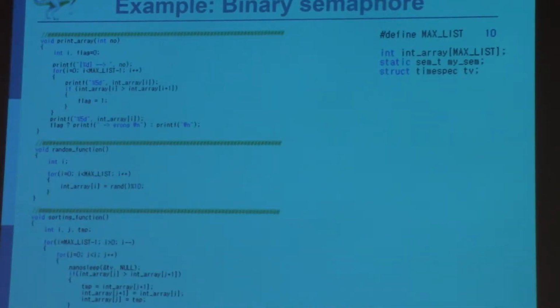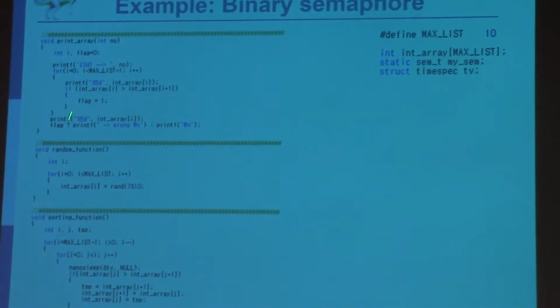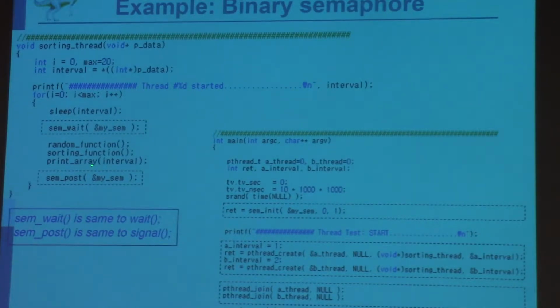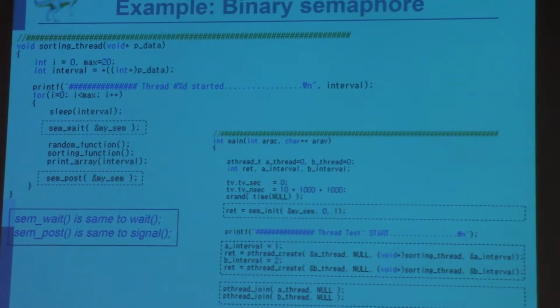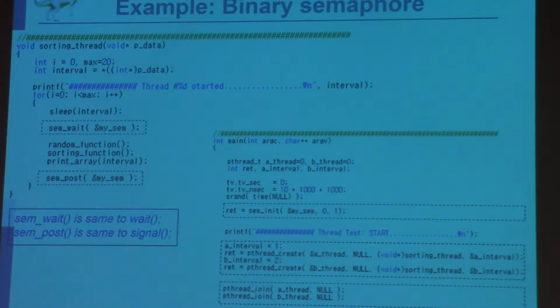In this case, this is thread programming, for sorting. The process will be created, threads will be created, so that may cause a synchronization problem. To address that problem, with the random function, the sorting function, the print array, when each thread runs the thread function, this will be the entry section, and this will be the exit section.